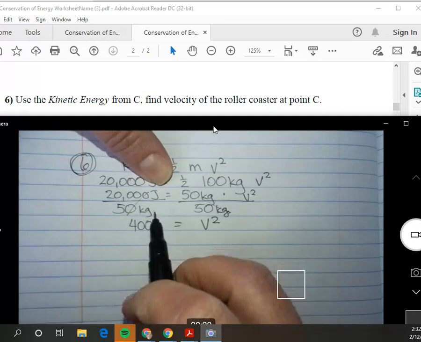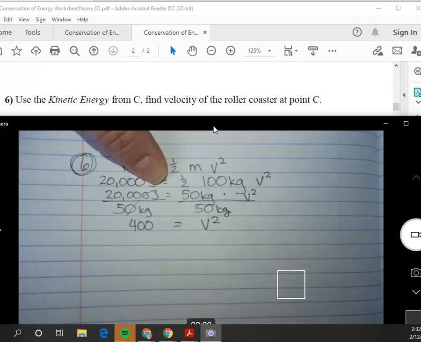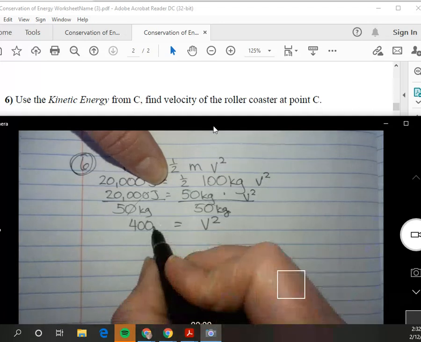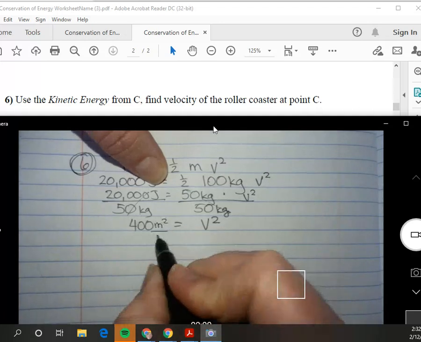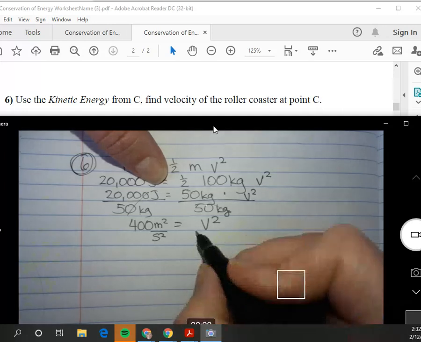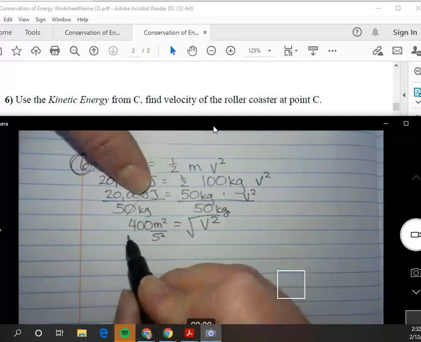Now here's where understanding that unit really comes into play. Because if I divide by kilograms, I'm left with meters squared over seconds squared. Now, have I found the velocity yet? No. I still have to take the square root.